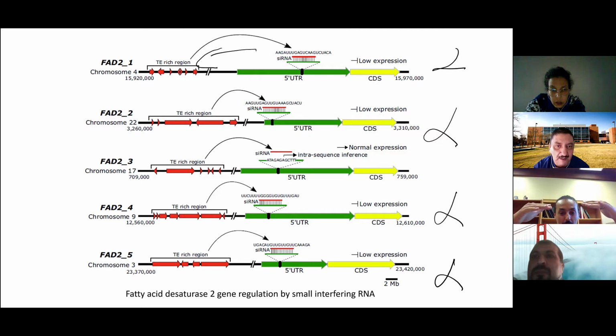So what happened is we have more oleic coming, but the genes that are going to transform that oleic into linoleic are not working because their expression is stopped by this small interfering RNA right here.